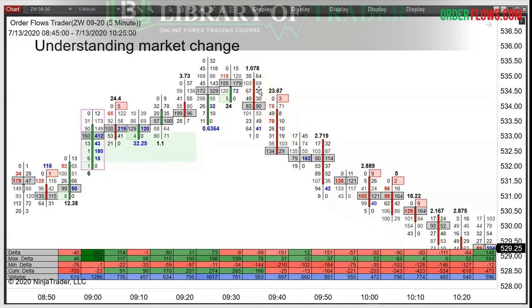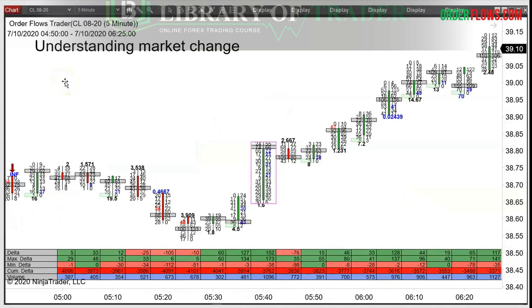You're more inclined to see the market sell off at this point than the market to reverse and go higher, right? There's nothing after this red bar telling you this market has got any impetus to the upside. 0, right? And what happens is you get a nice move down from 533 all the way down below 530.